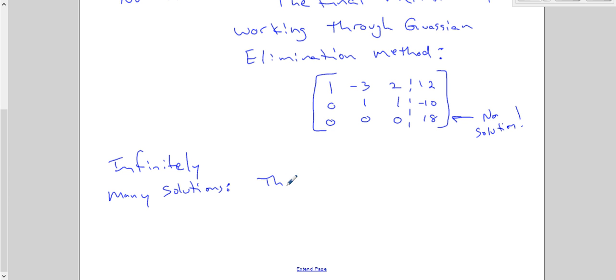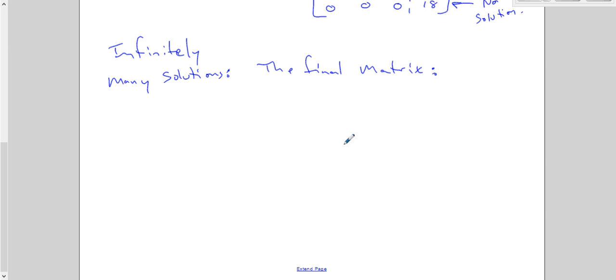The final matrix will look like something like this. 1, 0, -7, -5, 0, 1, -3, 1, 0, 0, 0, 0.